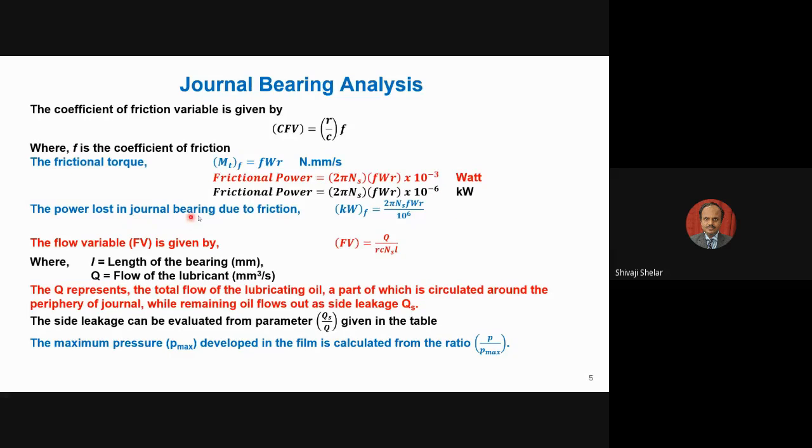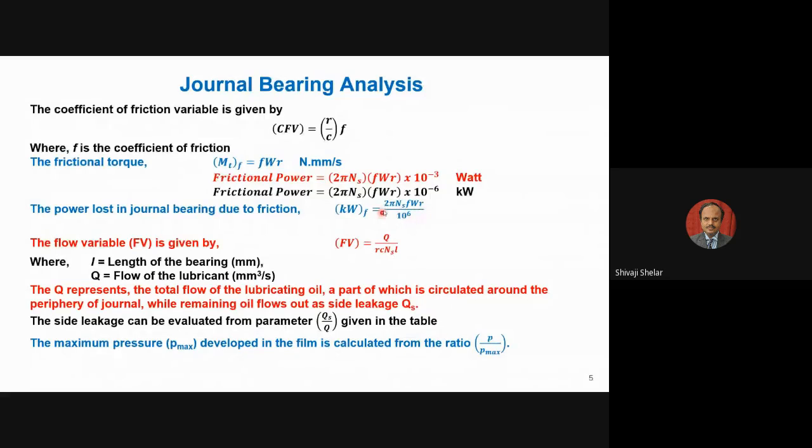Therefore, the power loss in the journal bearing due to friction, or the power rating for friction for that bearing, that is kilowatt, frictional power loss in kilowatt here, will be this formula 2 pi Ns FWR. Now 10 raised to minus 6 I have taken down, so it will become 10 raised to 6. So this is in kilowatt. This much amount of power will be lost in the friction here.